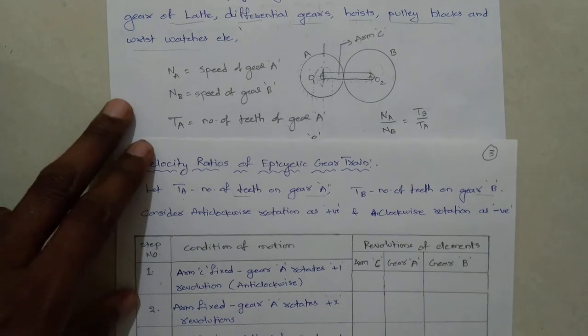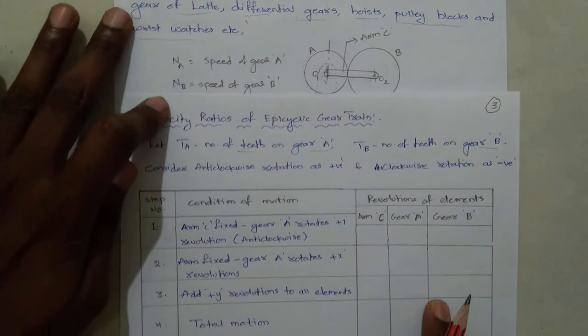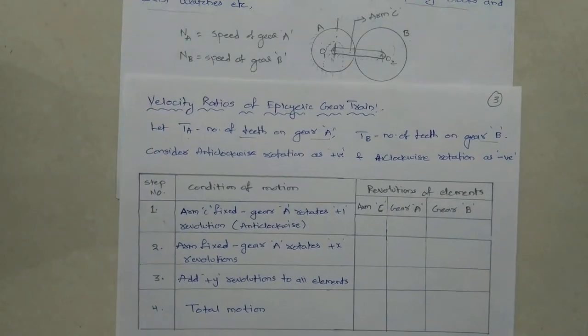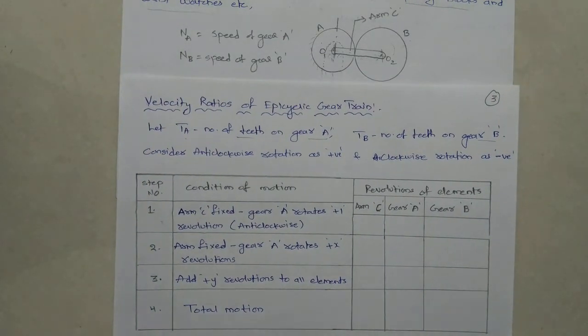Now you can see this table. This table is very important to solve problems on epicyclic gear trains. So for every problem you must draw this table and remember all these four points on the table.